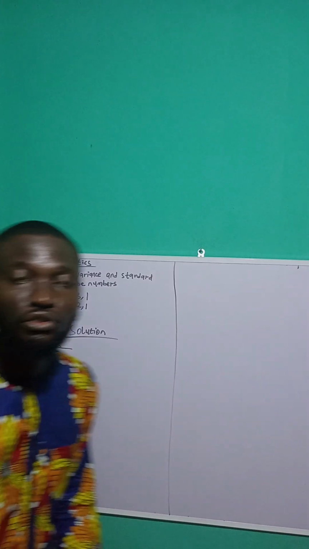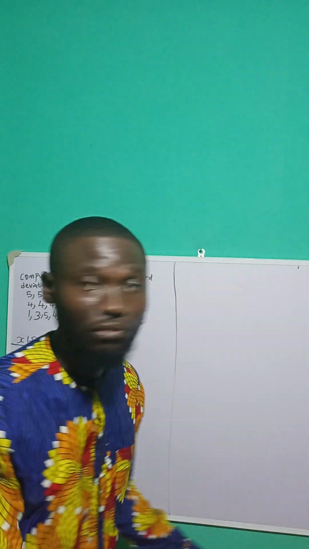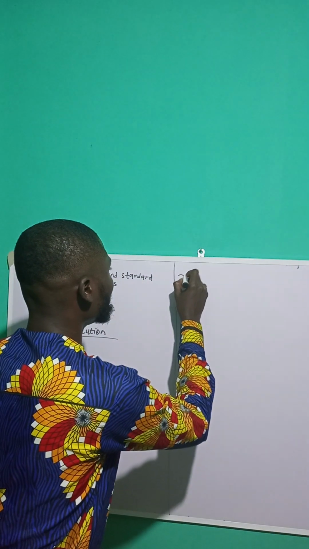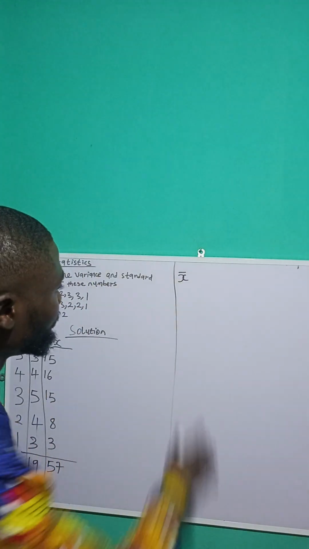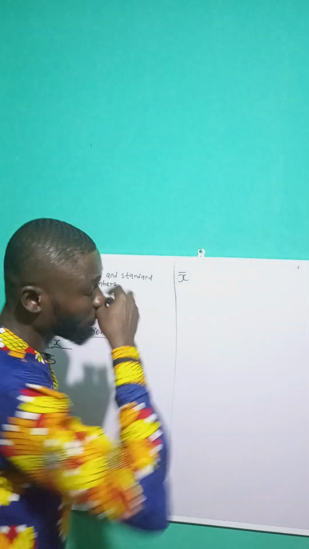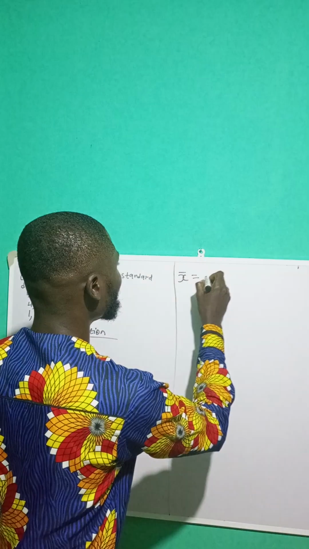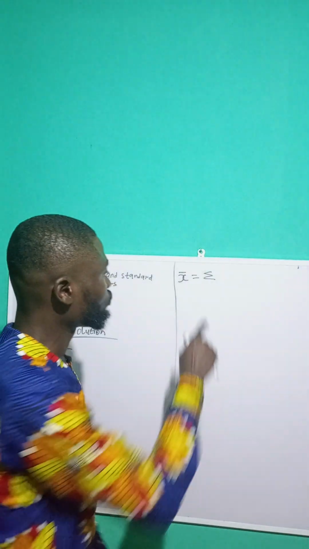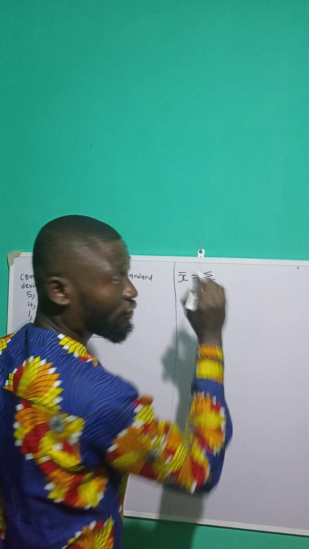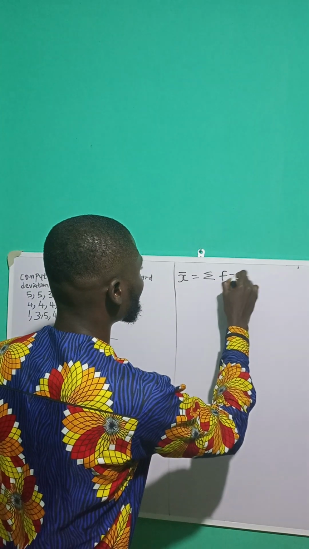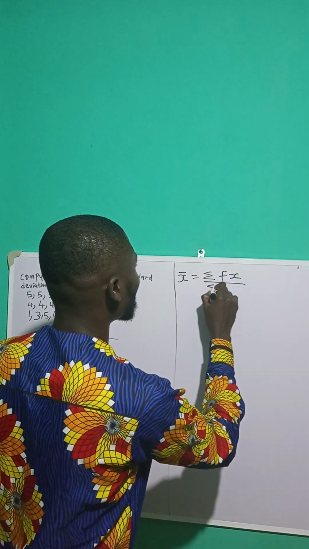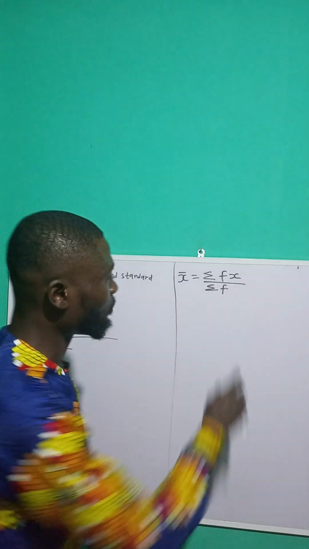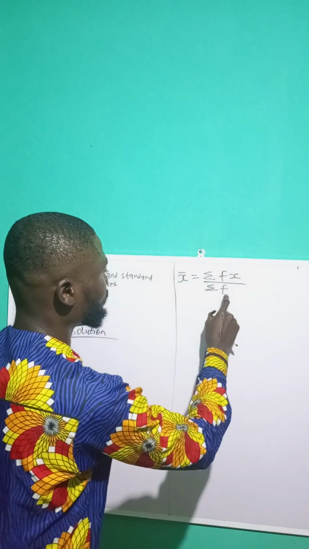So the next thing we are going to do is find the mean, because we will be working with the mean. And mean is represented with x bar. The formula for mean is x bar equals summation, the sum of fx over the sum of f.